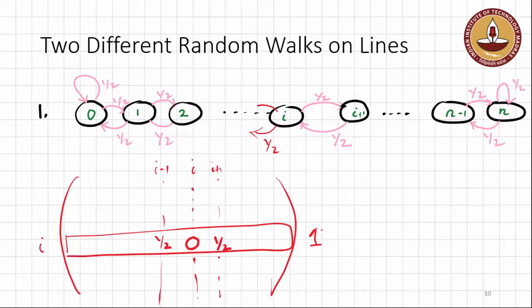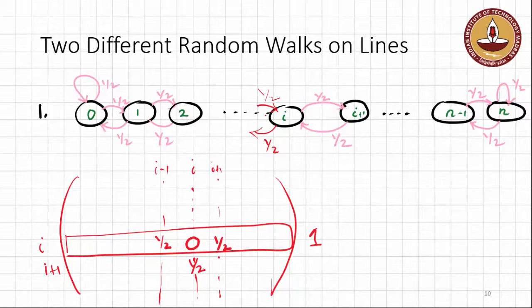What about the columns? Well, to fill in the columns, we'll have to know how the probabilities are coming into vertex I. So from I plus 1, you can move to I with probability half. So that will be actually a half over here. So it's I plus 1 here.